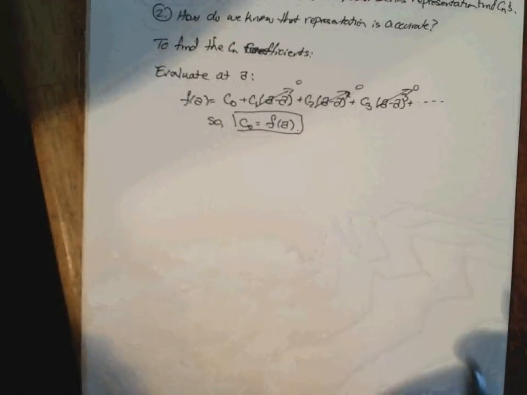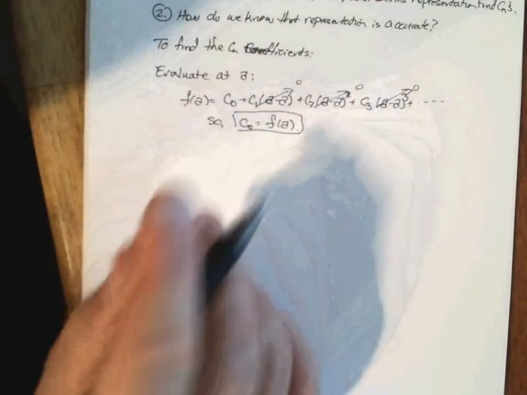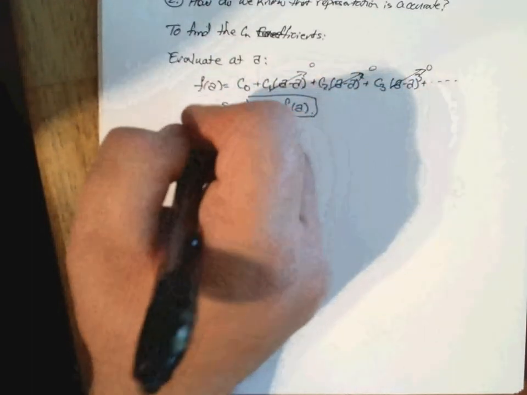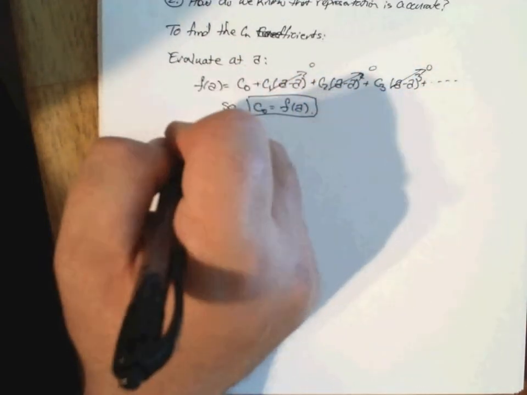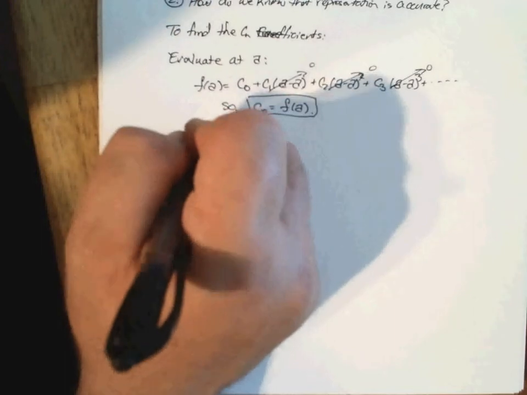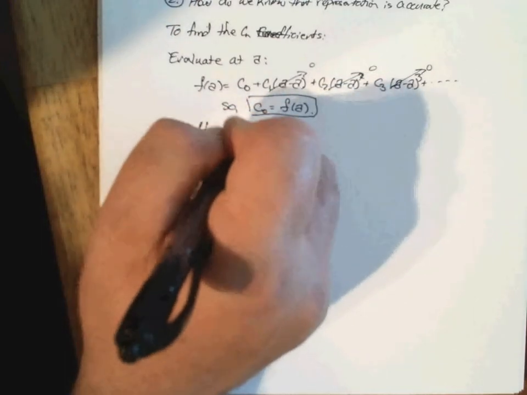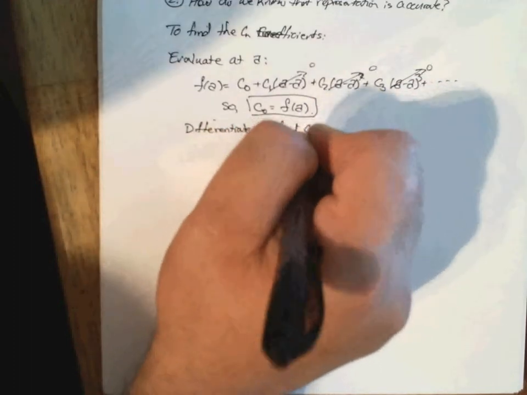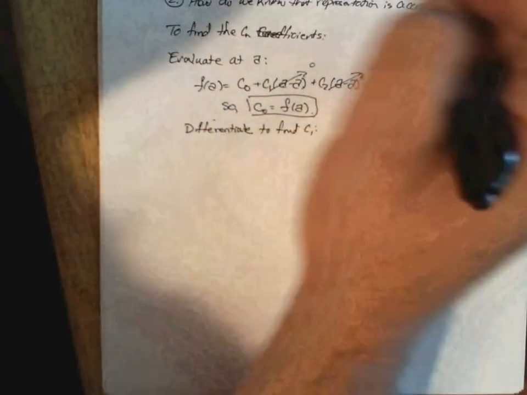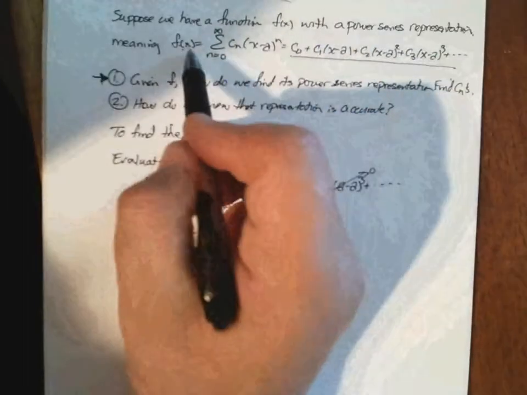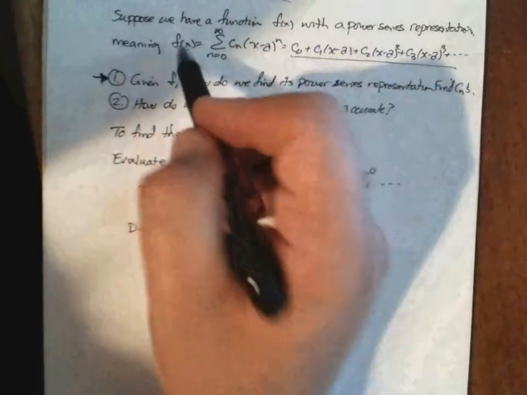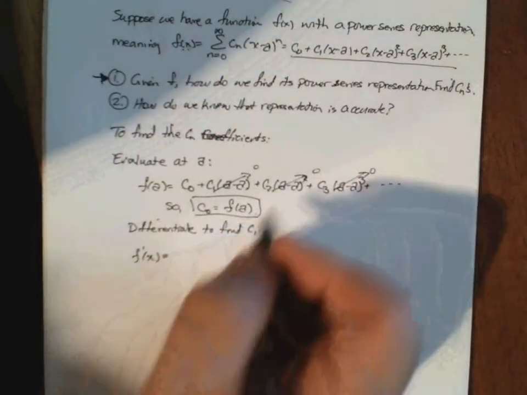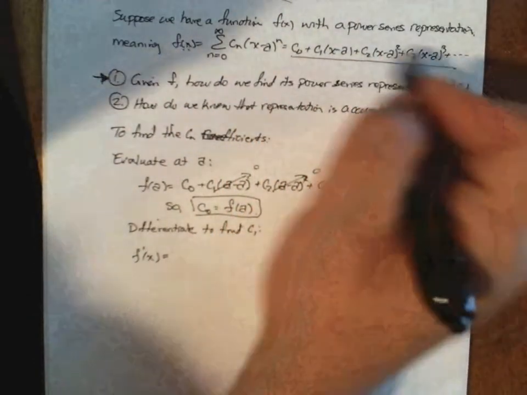Okay? Now, how would you find f prime of a? I'm sorry, how do you find c1? That comes from f prime. And this is how you do that. Take the derivative of your function up here and the derivative of this. So f prime of x equals, now when you differentiate this, the c naught is a constant.